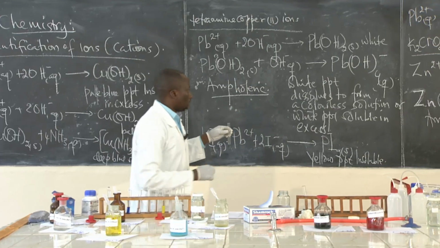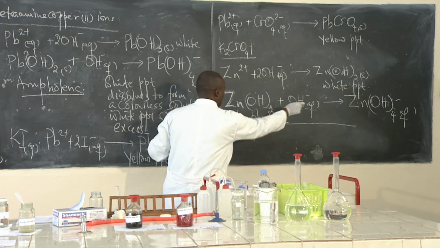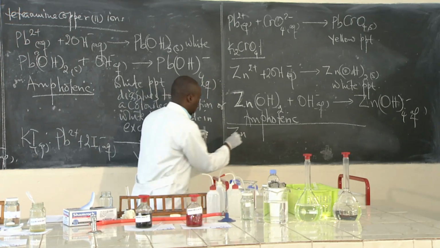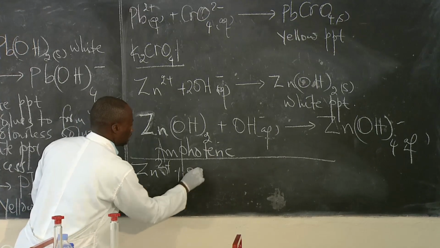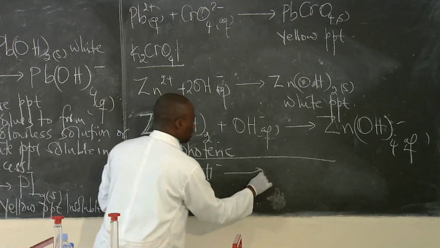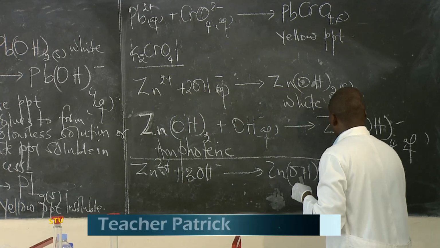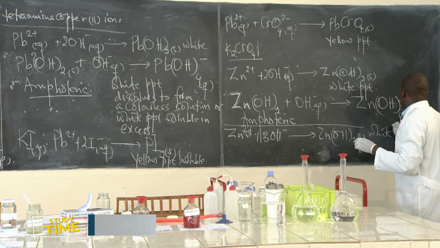So here we have zinc. There was first the precipitate: the zinc ions reacting with the hydroxide ions give zinc hydroxide, the white precipitate which formed first.